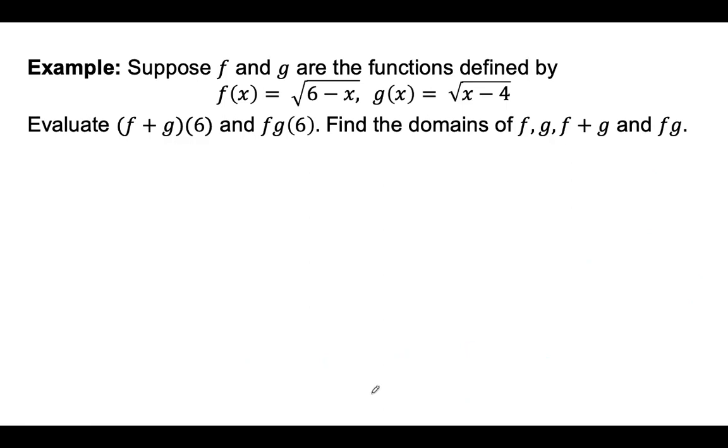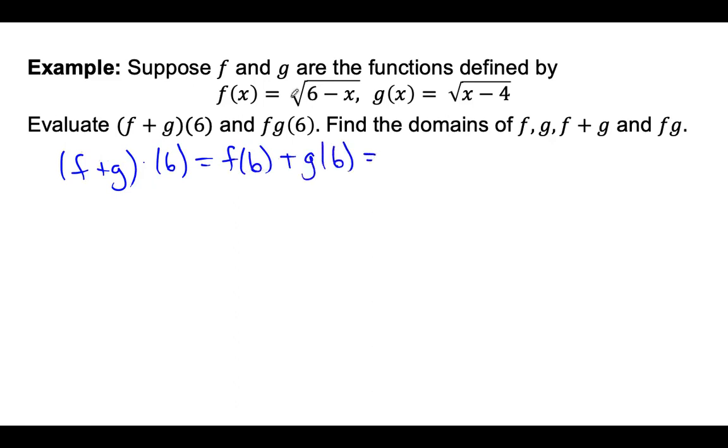Evaluate the sum of the functions at 6, and the product of these functions at 6. So let's write that down. So F plus G, we're going to evaluate it at 6. So it's going to be F, we're adding them, and G.